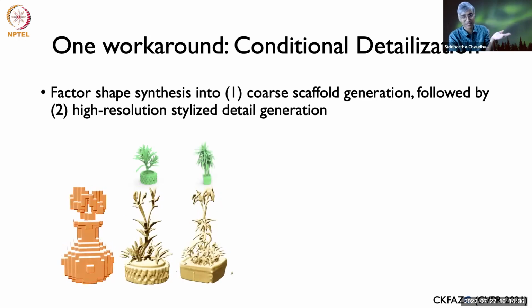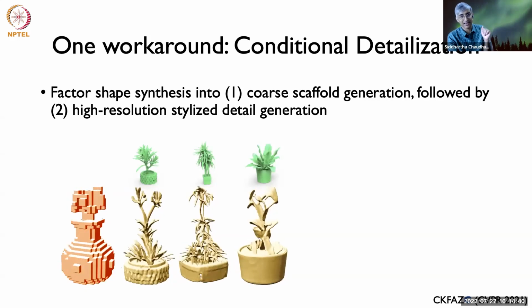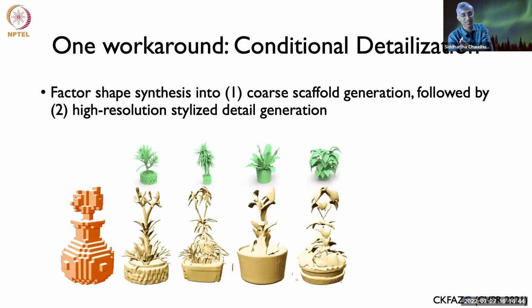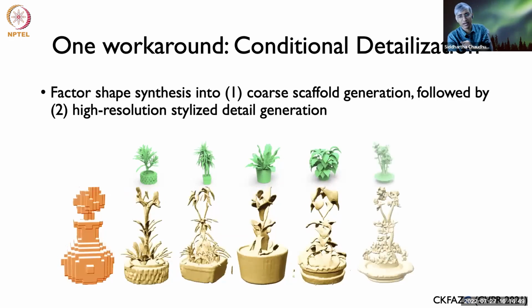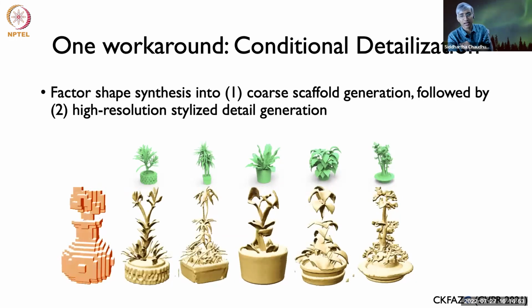Right? So we can give it a different detail exemplar and it gets stylized differently. We give it another one and again it gets stylized differently. We give it a different one. Remember, the coarse shapes, if you squint, all look the same, but the fine-grained detail is obviously different. Here's another one with a different example for what the detail should look like, and here's another one, and so on.